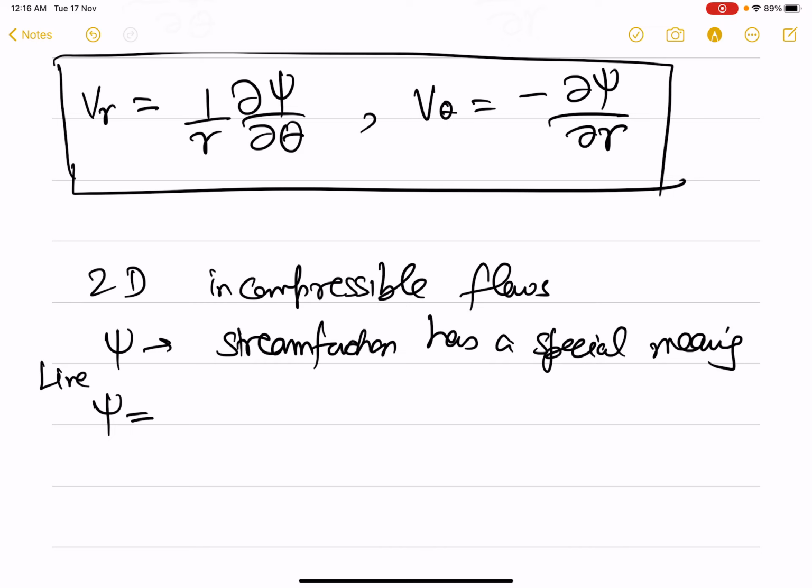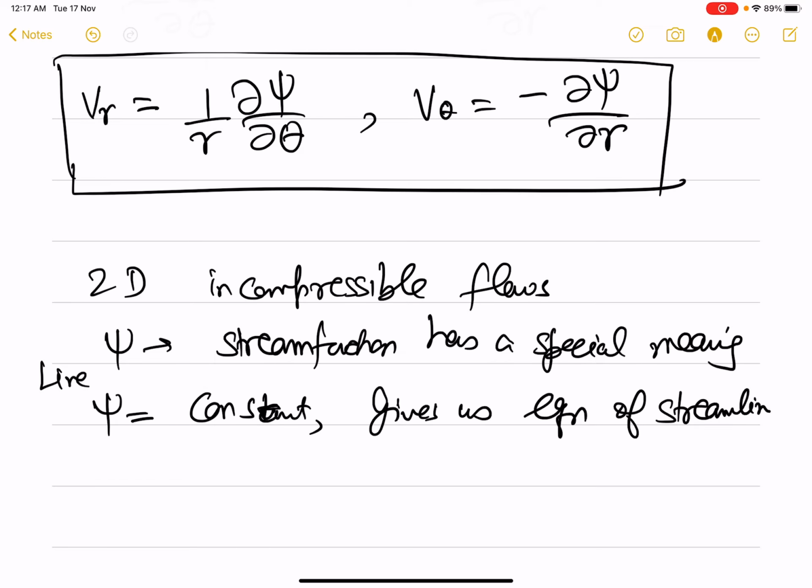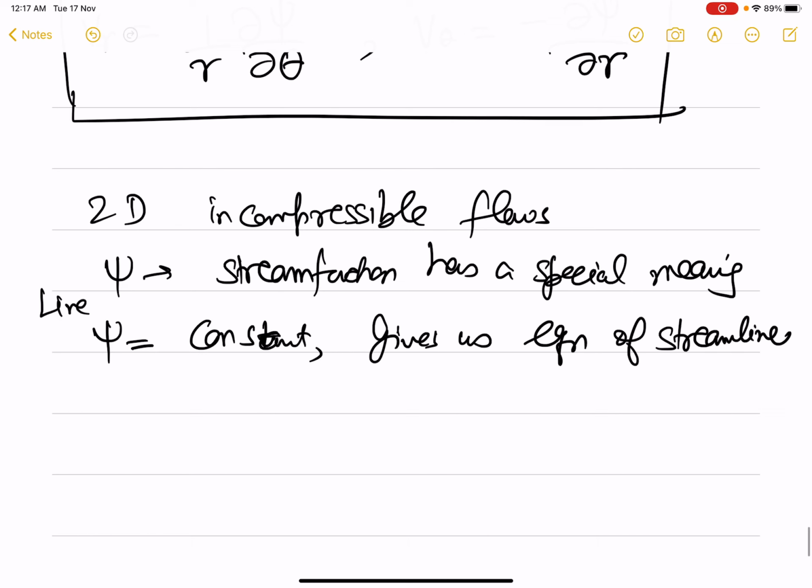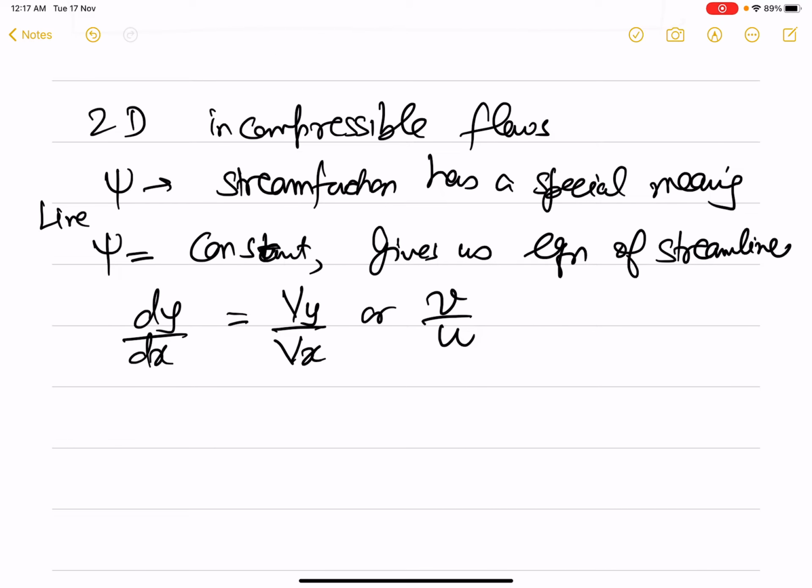A line psi is equal to constant gives us, you have guessed it right, the equation of a streamline. If you recall, we got the equation of streamline as dy by dx is equal to vy by vx, or v upon u. Now let us look at it.